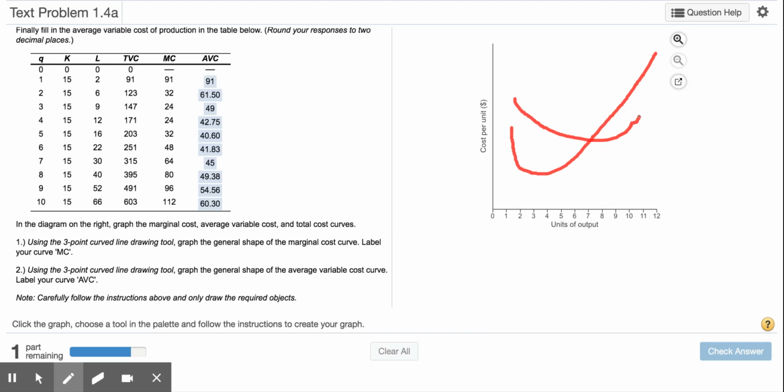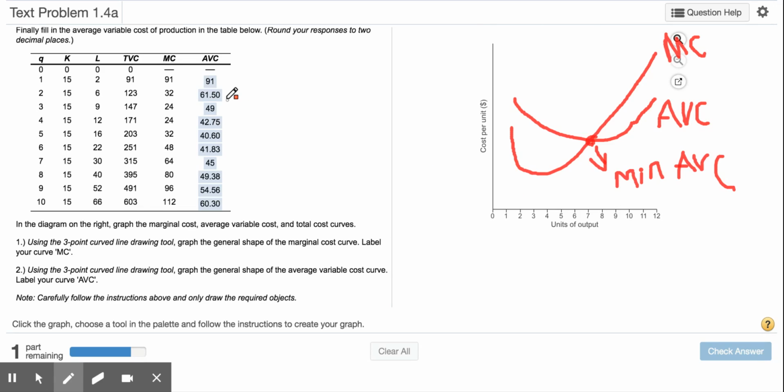This is the minimum average variable cost, AVC, and this is the marginal cost.